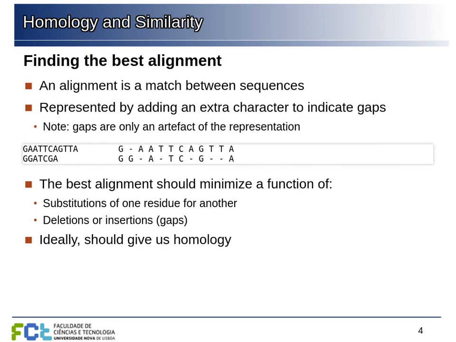So ideally, we would want to find a match between these sequences and to represent the matches between different positions by adding this extra character, for example, this dash here, to represent these gaps in order to align the sequences properly. Note that these gaps are not present in the actual sequence. So this would be one sequence, this would be the other sequence. There are no gaps in these molecules, in these bits of DNA, for example.